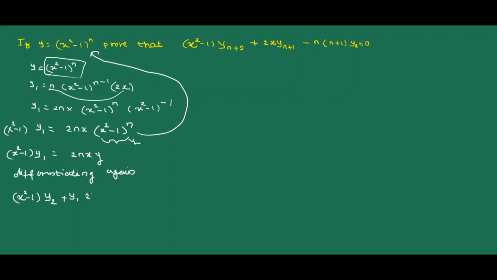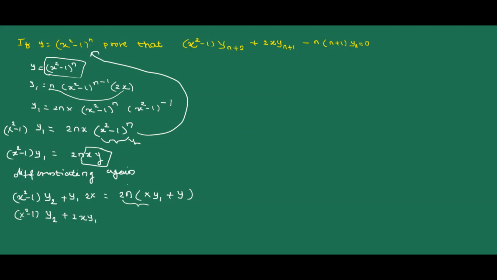The differentiation of x² - 1 is 2x, is equal to, in this case, 2n as it is on the right hand side, and then into the bracket. We have to differentiate x and y by using the product rule. So first x as it is, the differentiation of y is y1, plus y as it is, the differentiation of x is 1. So this is (x² - 1) y2 plus 2x y1.